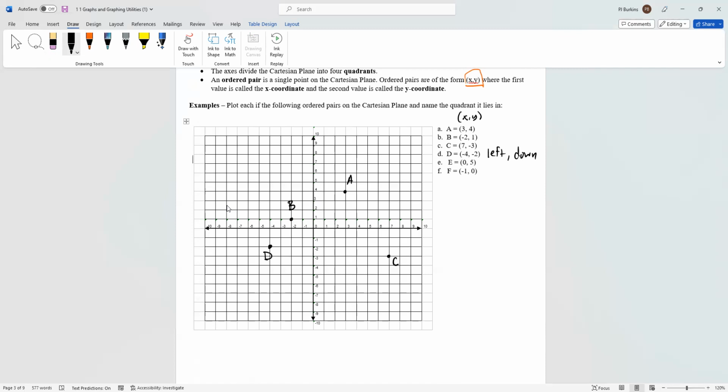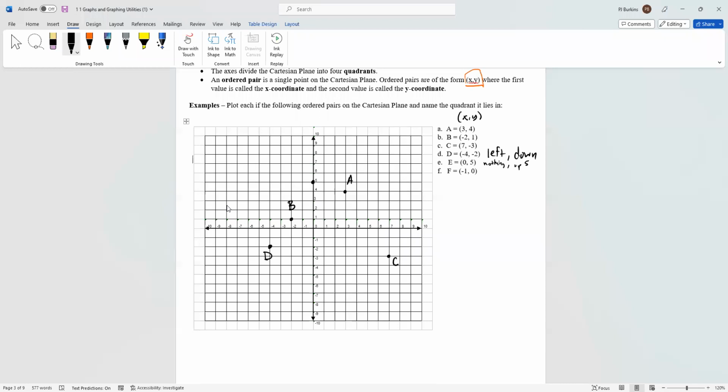Now these next two are interesting because notice the first one has an x of 0, the next one has a y of 0. So that's actually going to make them not in any quadrants. So E is (0, 5), which means nothing in the x, and then go up 5 in the y. So don't go in x and then just go up 5.